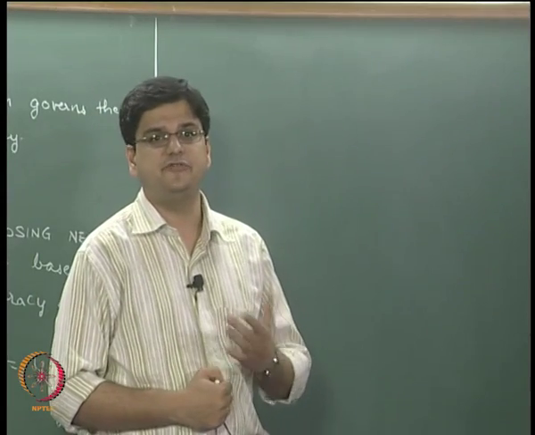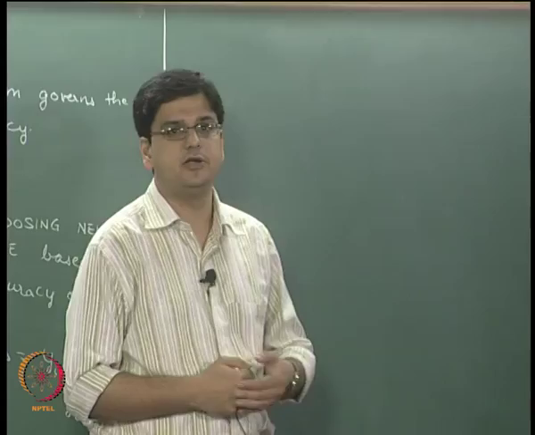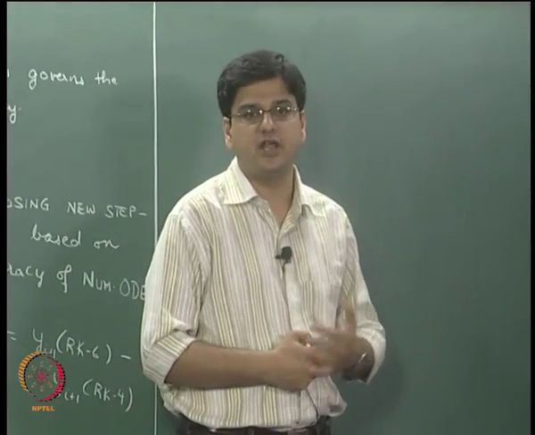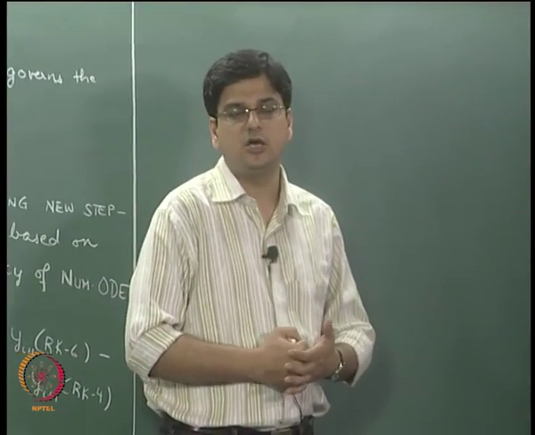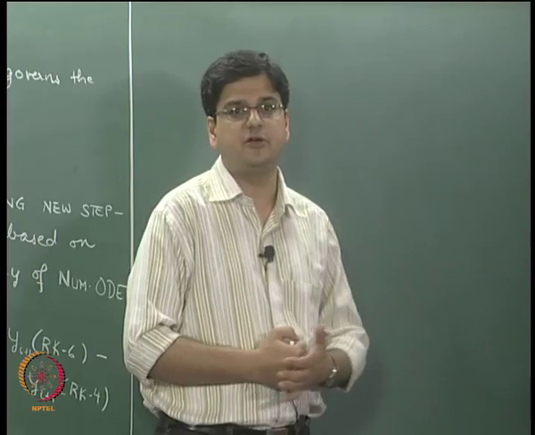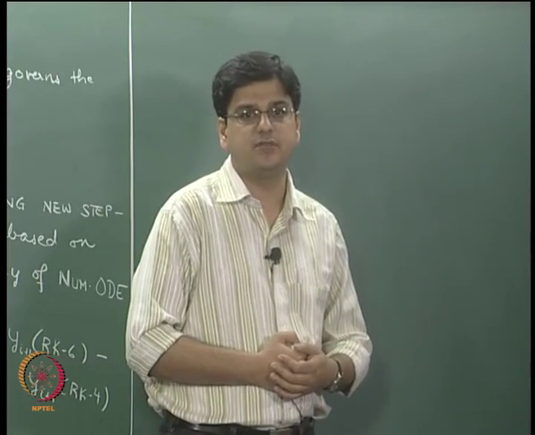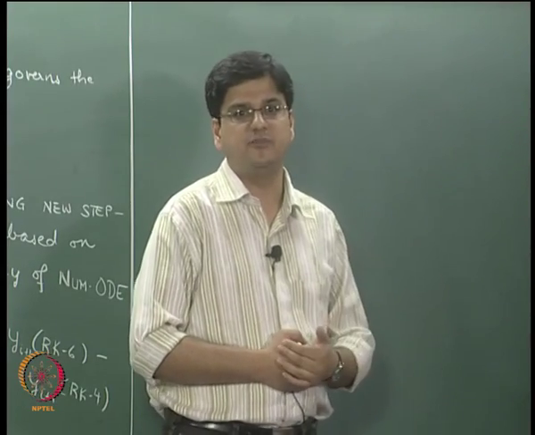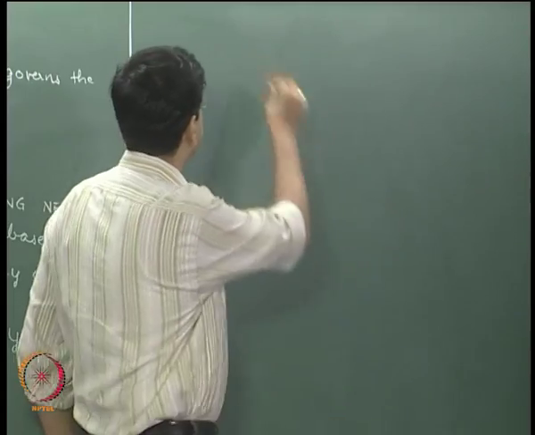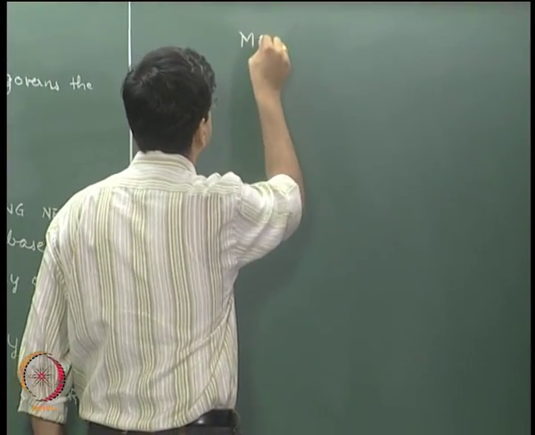The methods that we have considered so far come under the umbrella of the Runge-Kutta family of methods, and after that we covered the predictor corrector methods. The third class of methods is what is known as multi-step methods.